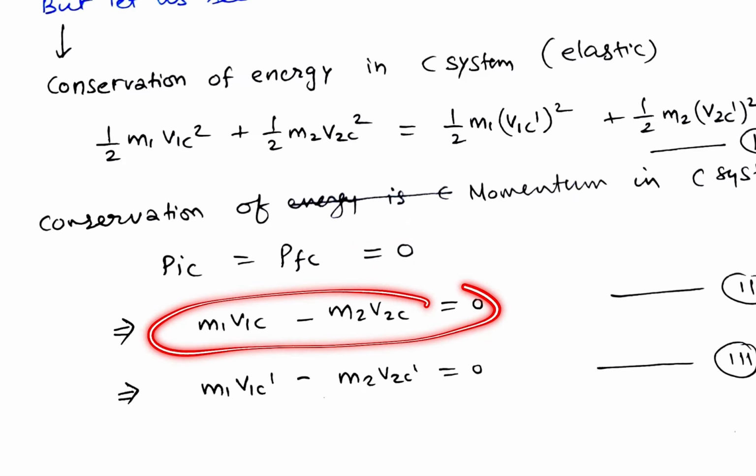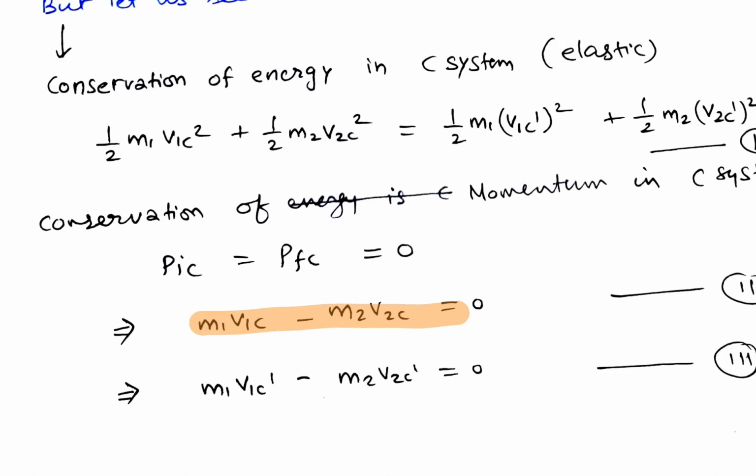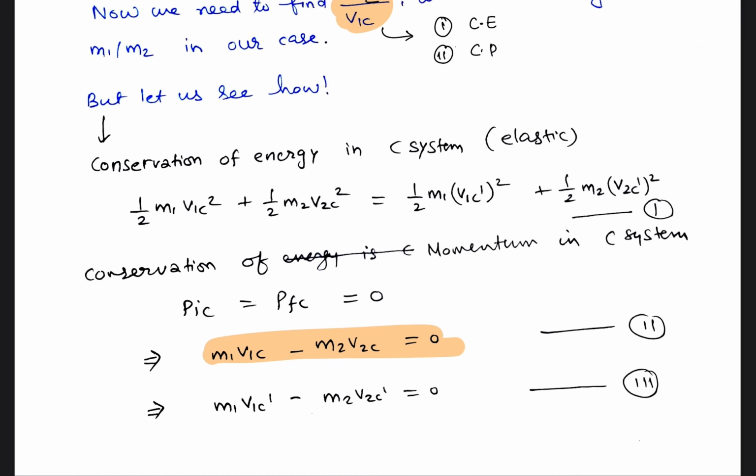So this is initial momentum in center of mass system. Okay. So what is initial momentum in center of mass system? Simply m1 v1c and minus m2 v2c. So why we are putting it minus here? Because we have already known that momentum of first particle in center of mass system is mu v or whatever, and momentum of second particle in center of mass system is minus mu v, and mu is simply reduced mass.